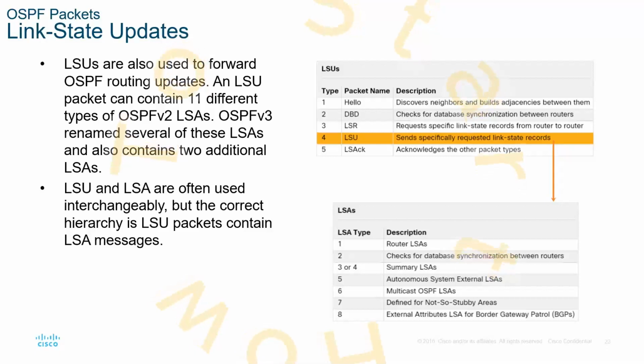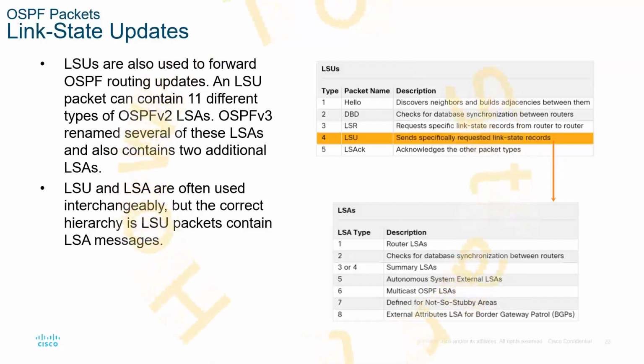An LSU packet can contain 11 different types of LSAs. LSUs and LSAs are often used interchangeably, but the correct hierarchy is an LSU packet contains LSA messages. And again, there are 11 different types of LSAs.